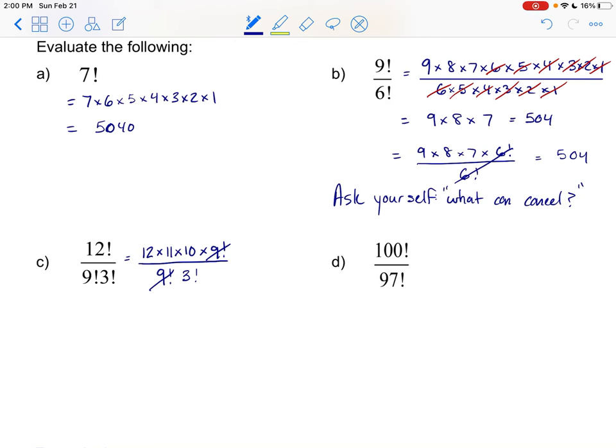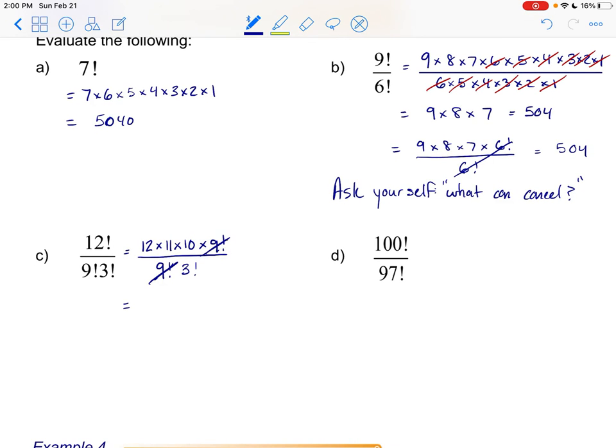We'll leave the 3 factorial in because, yes, there is a 3 factorial that we could get out of if we keep writing out our 12 factorial. But we're already going to cancel out the 3 times 2 times 1 when we do the 9 factorial. So hopefully see that you can only cancel out things once, right? There needs to be something to cancel it with on top.